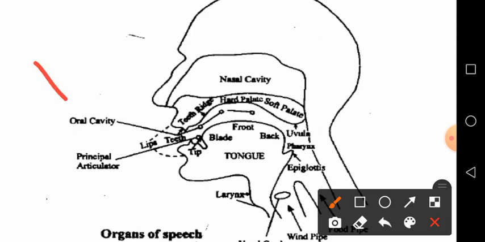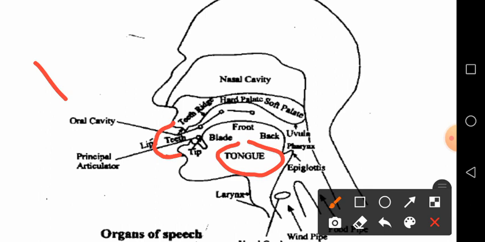We move the tongue when we speak. Then lips, we use lips. Sometimes we make a round of lips, like when we pronounce a word like O, no. Sometimes we stretch them like pronouncing E. So, we use lips when we speak.